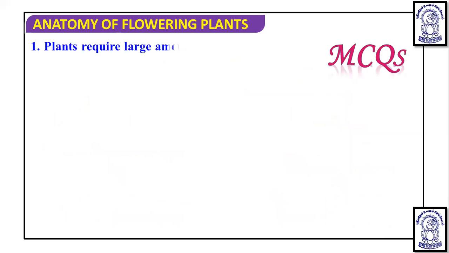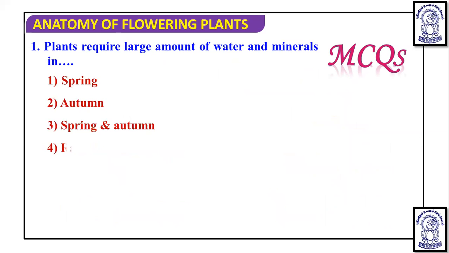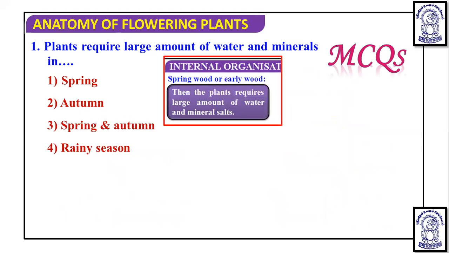So let's discuss a few questions related to this. Plants require a large amount of water and mineral salts in the spring wood, because in spring wood the activity is more and the flowers and buds are going to form.